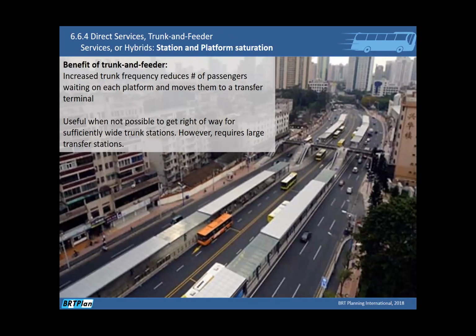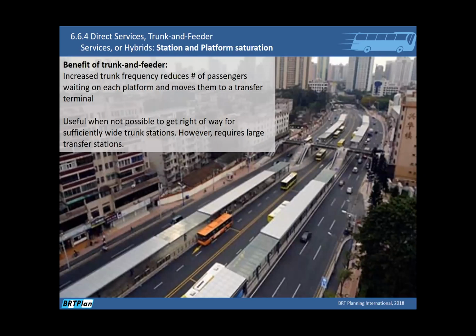And what that means, if you're one of the passengers waiting, say, at a station along your trunk line, you're going to be able to get on the next bus that comes. And that means that there's going to be fewer people accumulating on the platforms along the corridor because they don't have to wait for bus 26 to come. They'll get on the first bus and they'll go.